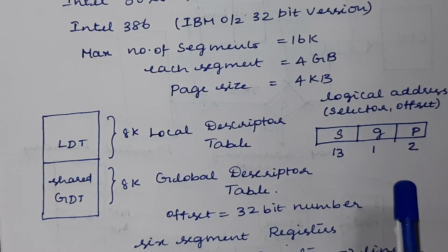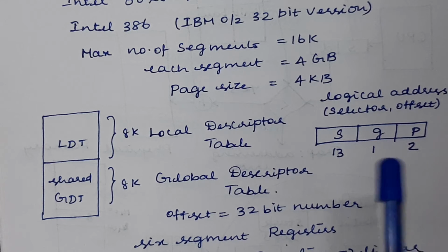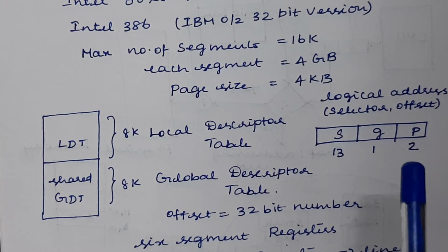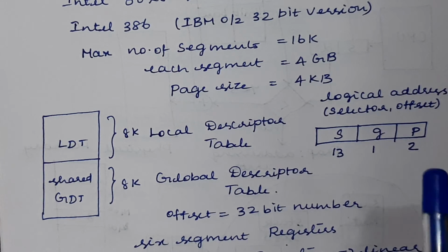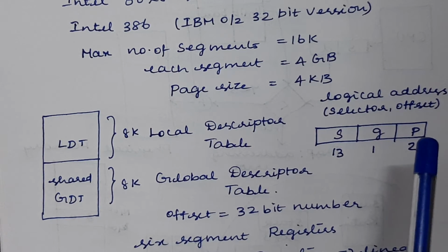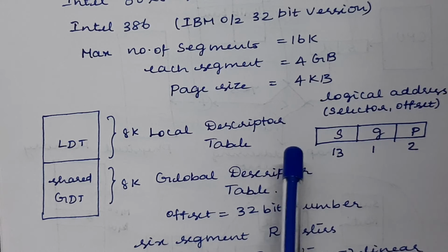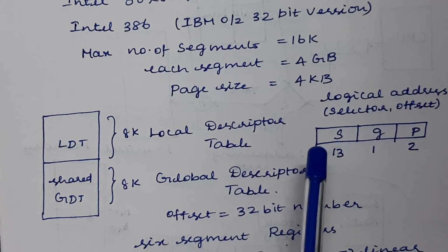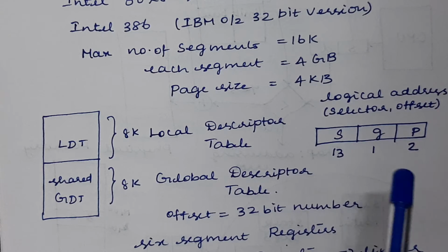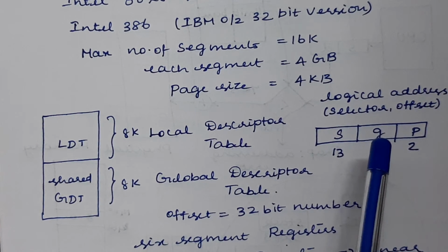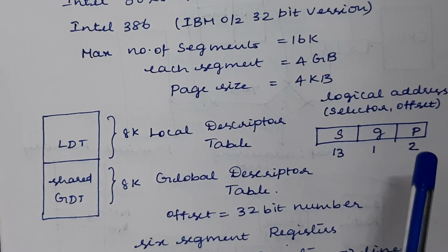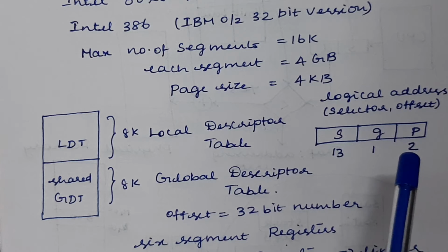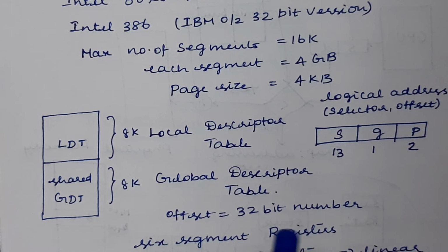This is the bit used to represent the protection of the segment. What kind of access we can perform on this particular segment: read access, write access, read and write, or execute access. In this way we mention its protection. The number of bits for the segment number in the selector is 13, one bit is used to represent which type of descriptor table it is, and the third field holds two bits to represent the protection.